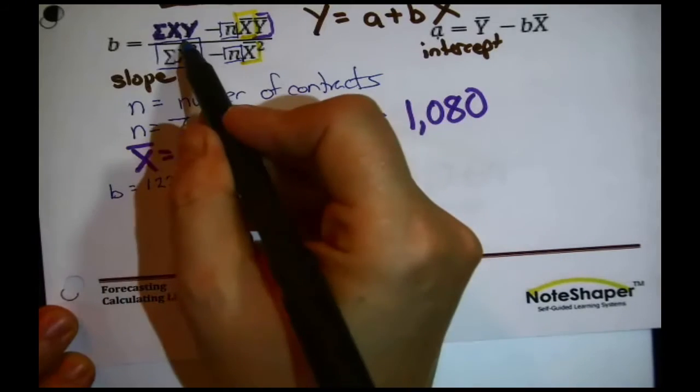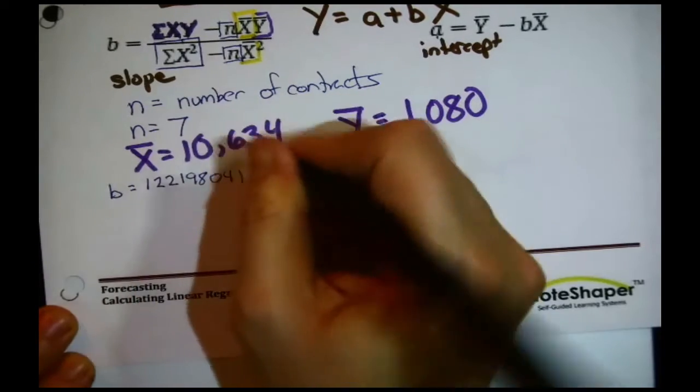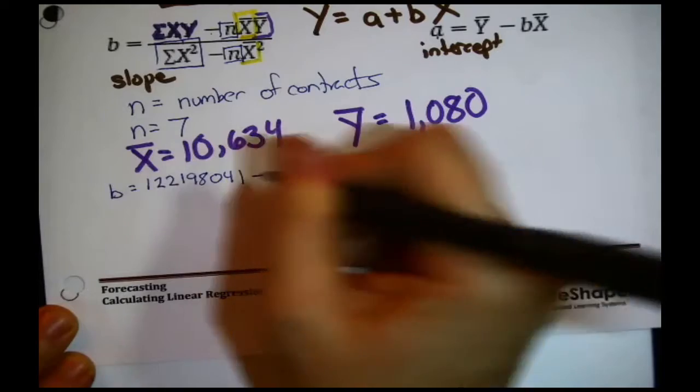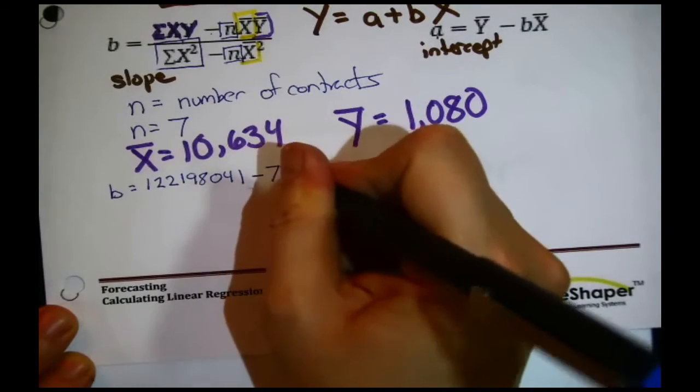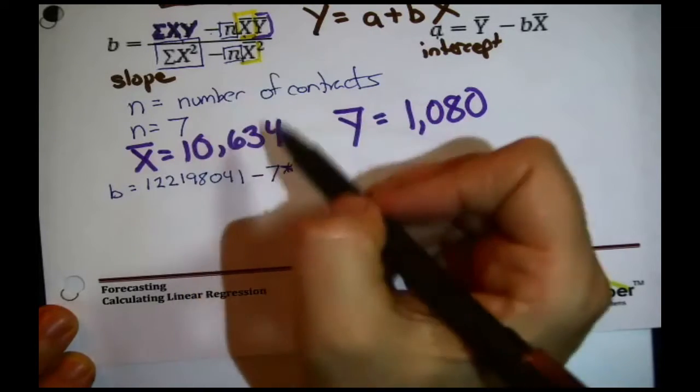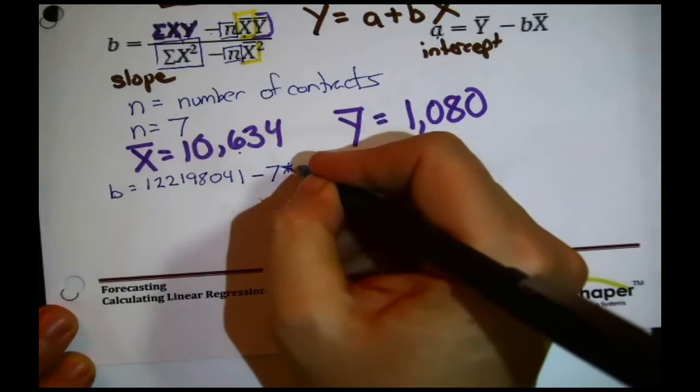That was the sum of x times y. Now, minus, I'm just filling out this formula up here. N is 7 times x bar, the average x. Well, that's that number right there.